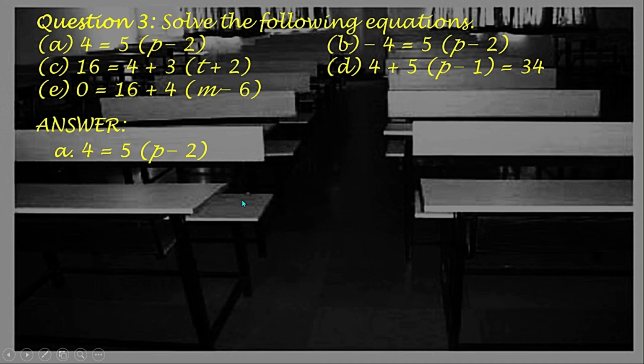So if it changes, then what is the method of solving it? You only have to do one thing: make this question like the previous one. Okay, previous means like question number 2. How? By changing left hand side to the right and right hand side to the left hand side, like this.